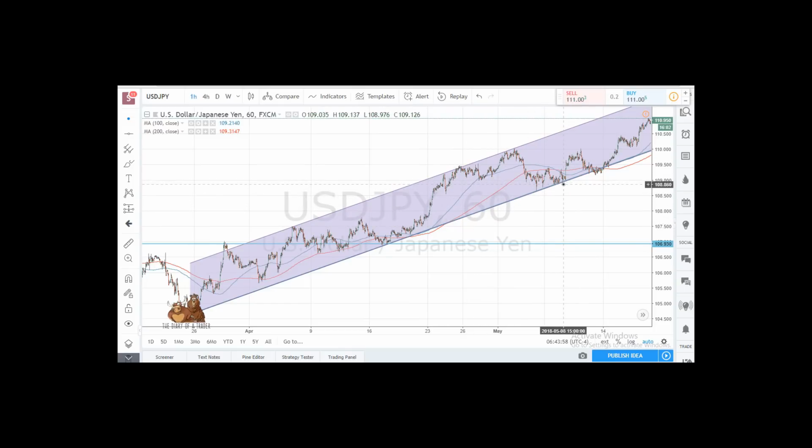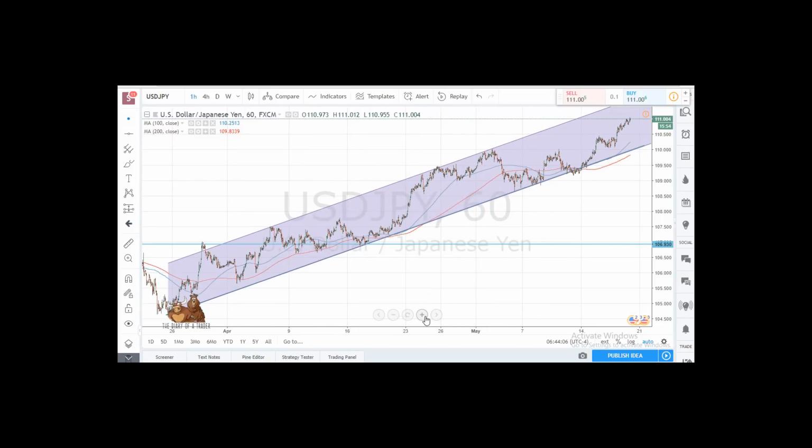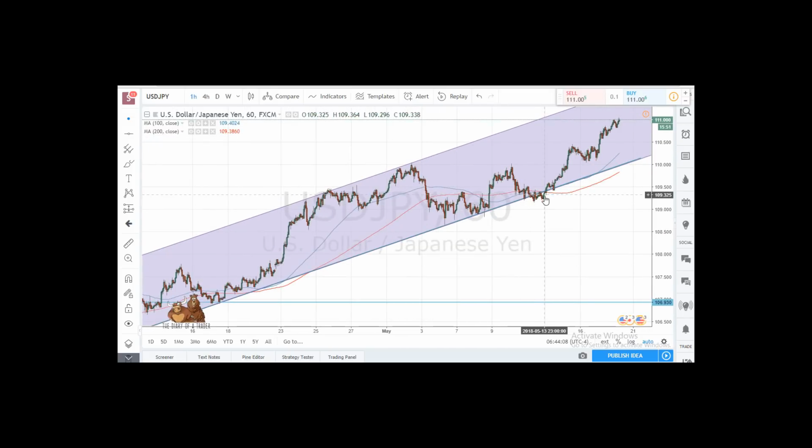You're not getting out here because this is only a 5 pip violation, and if you're smart you always keep 15 to 20 pips below the support line. If you want to be more aggressive, you will also allow this to happen, because here we are talking about 15 to 16 pips, not more. So if you put a stop loss here, you could also ride another leg higher.